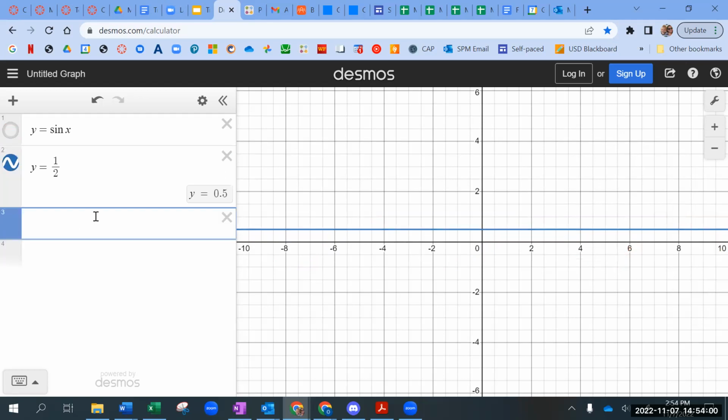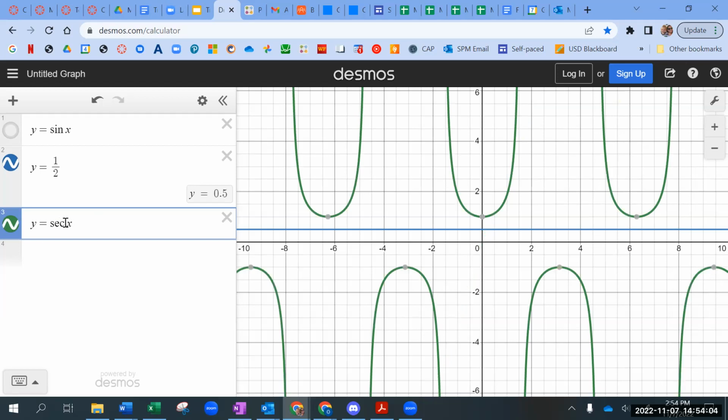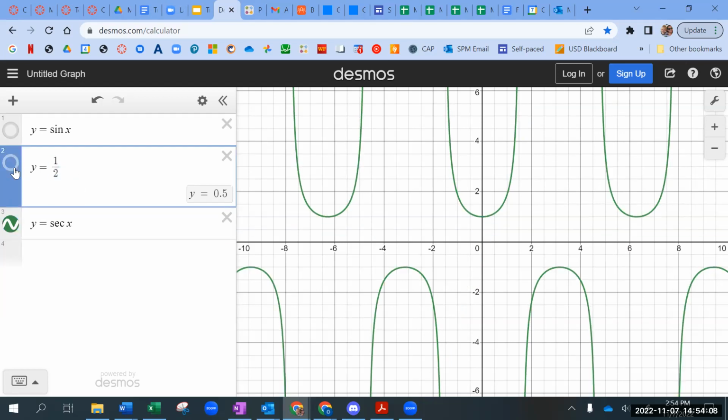Similarly, we could look at y equals secant of x. First we can look at the vertical line test. It is a function because every vertical line passes through the graph at most once.